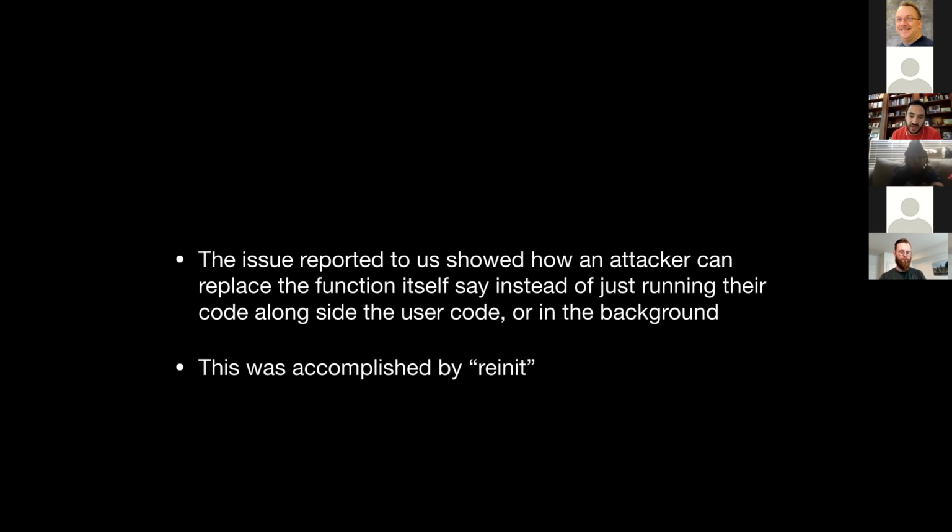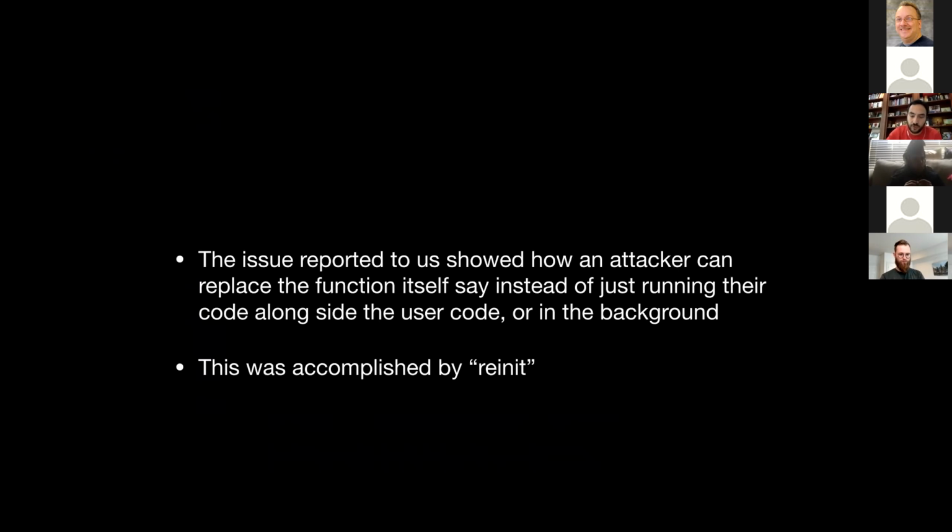You can send an HTTP request to the container on localhost, and then have it reinitialize itself so that you can replace the user code. So it's not just that you can exploit the user function to run a malicious process in the background, you could replace the code that's running in that container entirely.